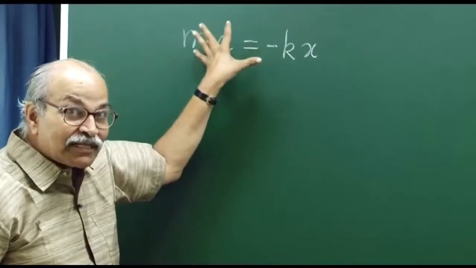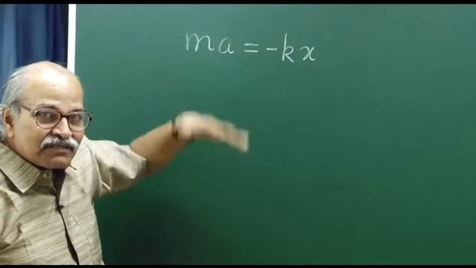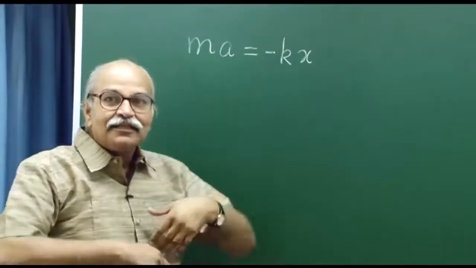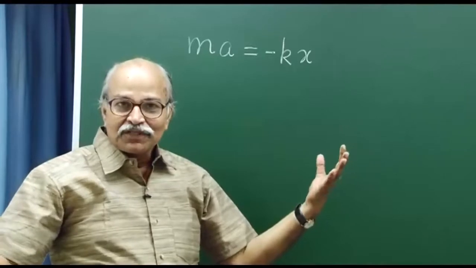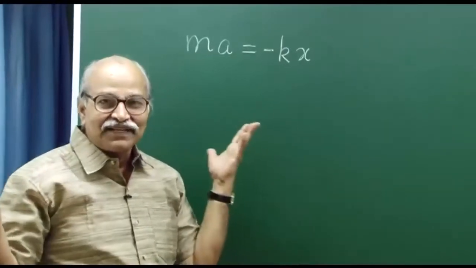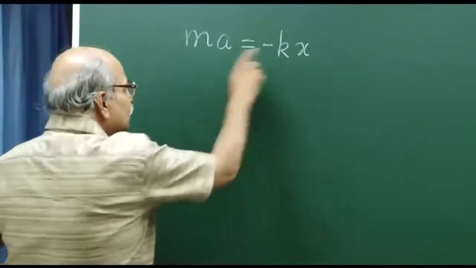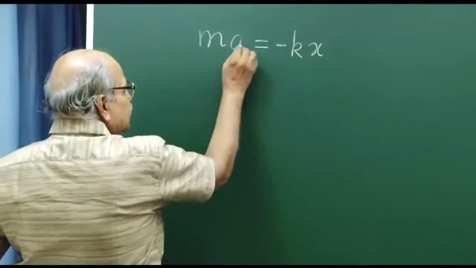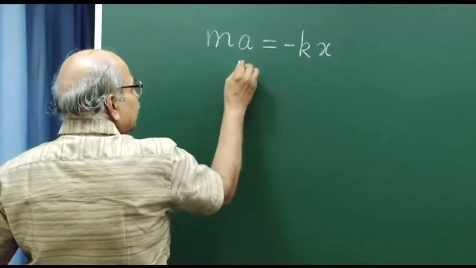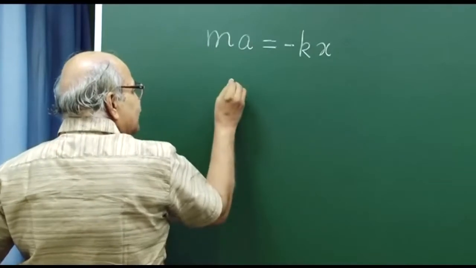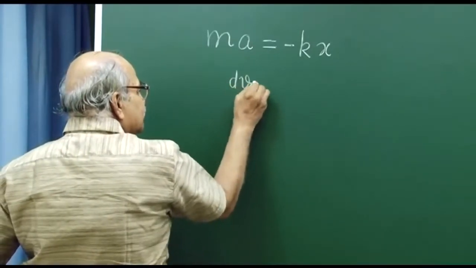I am focusing on the mathematical structure because a similar mathematical structure will be applicable to oscillations of varieties of different kinds. Okay. So, acceleration is the rate of change of velocity, which we write as dv/dt.